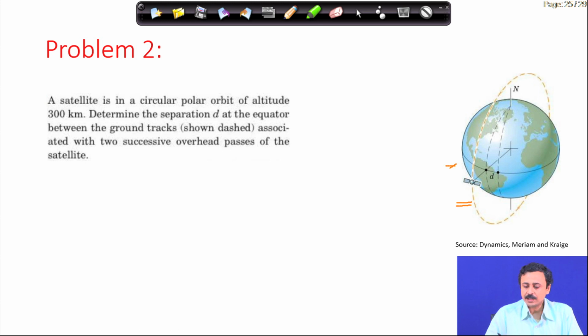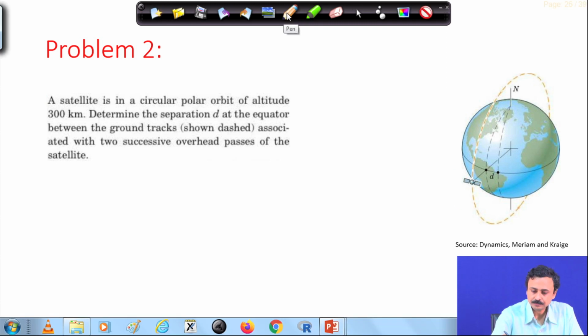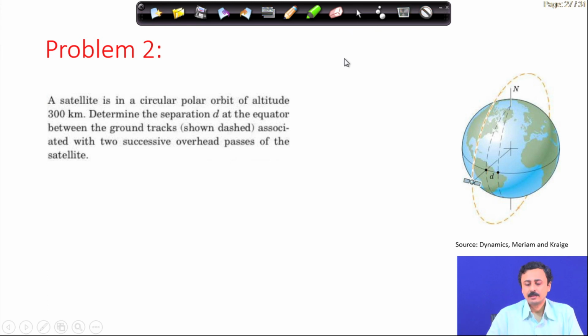We have to find out the separation distance d, it is marked here. This is the separation distance on the equator, the distance between the 2 successive track marks. So, this satellite will go overhead these points.